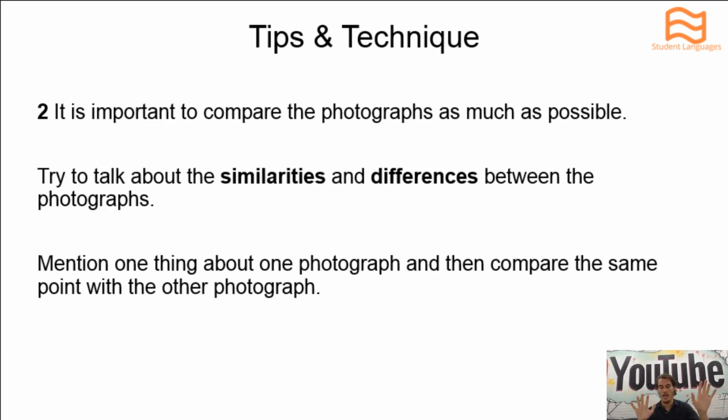And this allows you to have a balance between the two photographs, which is very important because a lot of students end up just talking about one photograph for the whole minute. And this is not what you want to do. You need to show the balance. So think of one point for this photo and the same point for this photo, one point for this photo, the same point for this photo, etc.